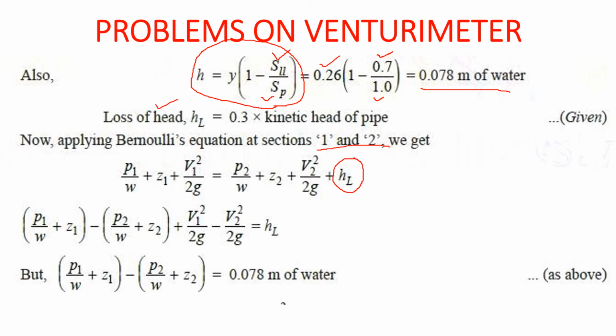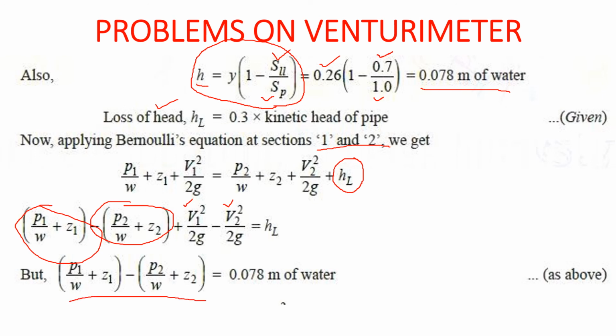Now taking all these terms to one side: P1 by W plus Z1 minus P2 by W plus Z2, plus V1 square by 2G minus V2 square by 2G, is equal to HL. But we have already got this H equal to 0.078.